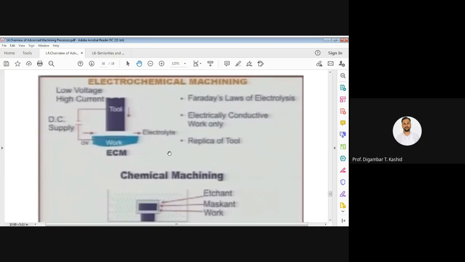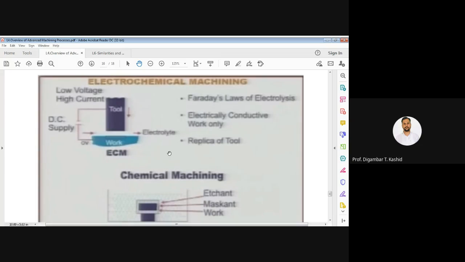Once the current starts flowing, the electrochemical reaction will take place. I repeat, once current starts flowing through the tool, electrolyte and workpiece, the circuit is complete, and in that process the electrochemical reaction takes place. How does it take place?